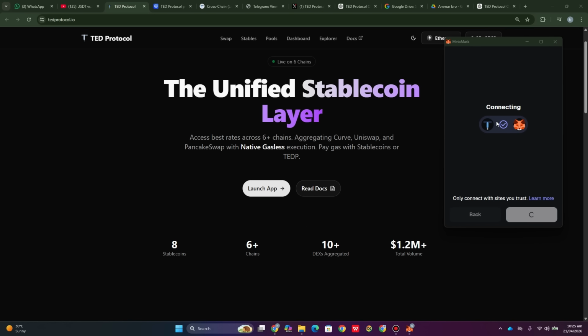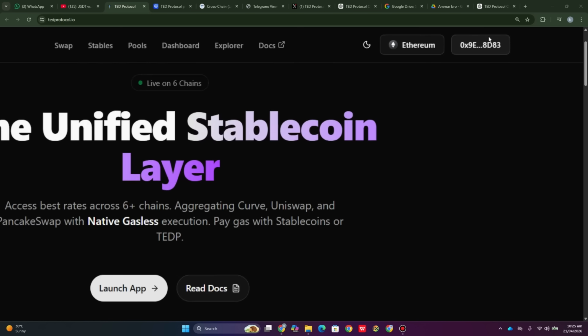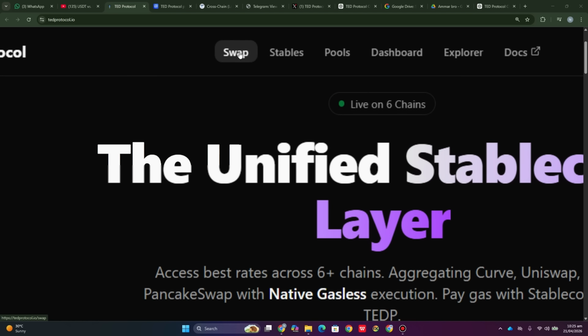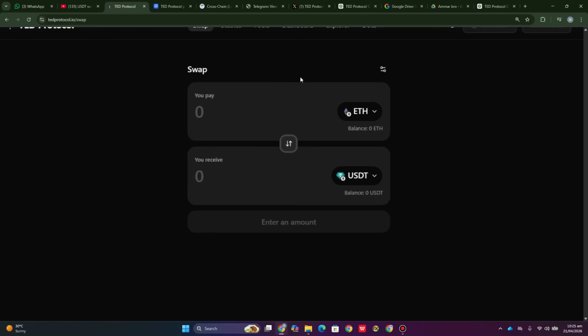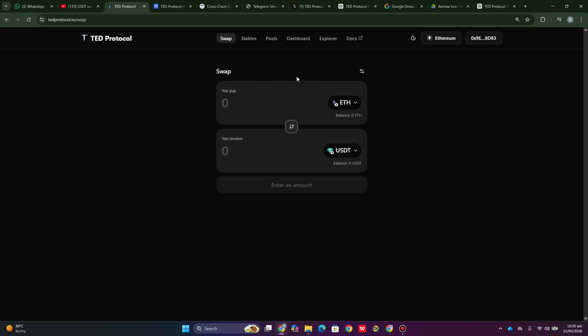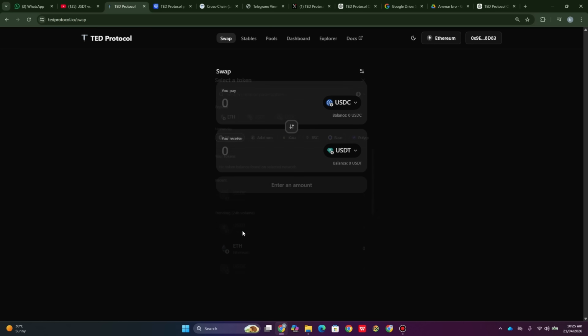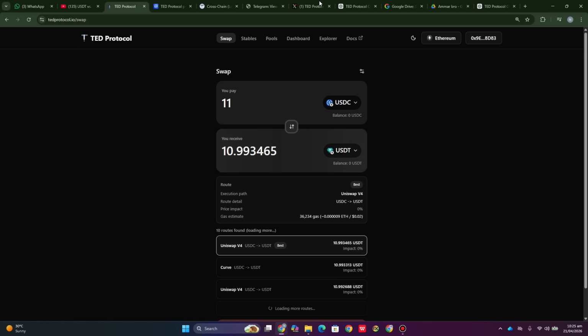Now our wallet has been connected successfully. Next, we click on the swap option. If you want to swap from one asset to another on TED protocol, you can choose the asset you want to convert into another, write the amount, and it will fetch the equivalent value.